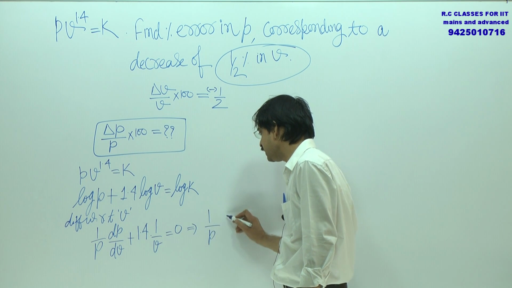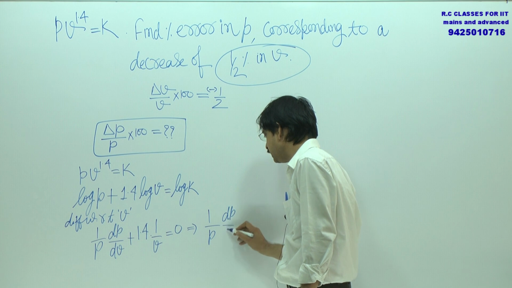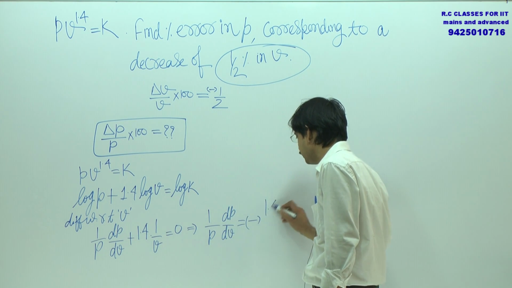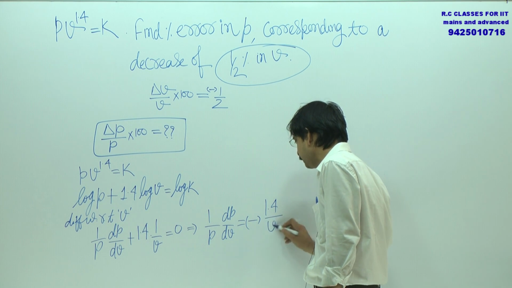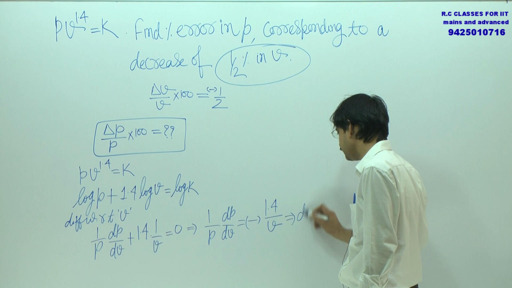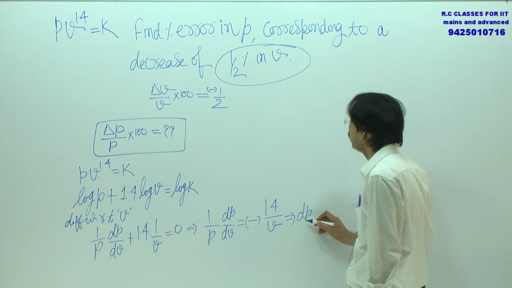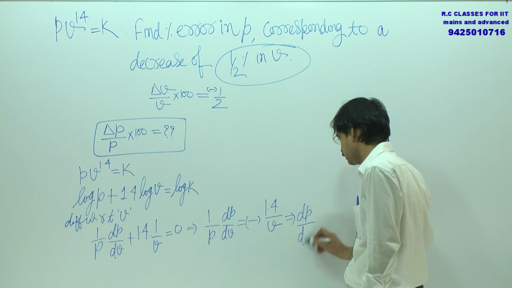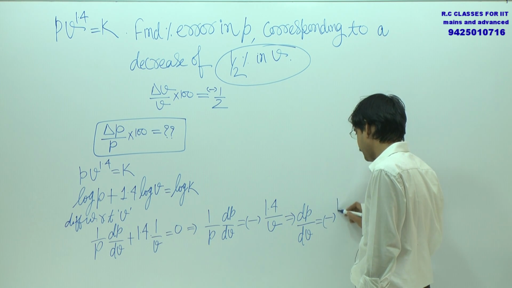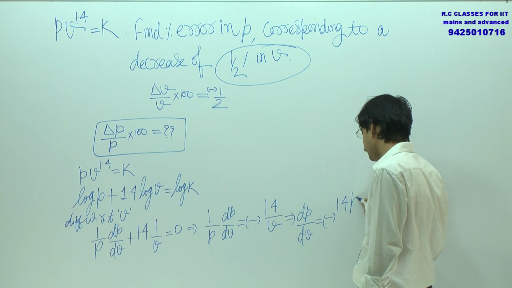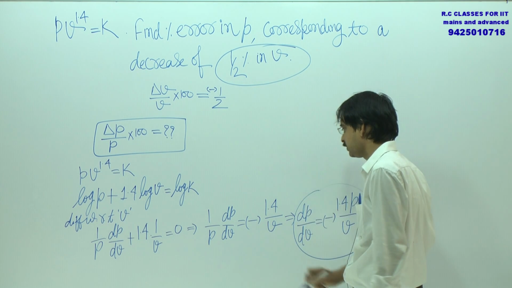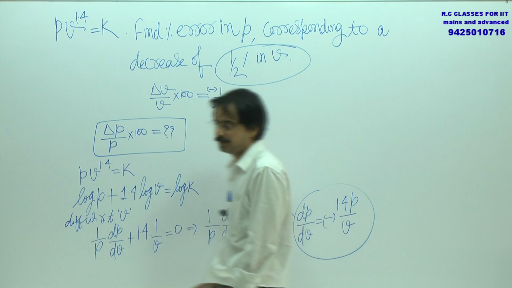So 1 by P dP by dV is equal to minus of 1.4 upon V. So dP by dV is equal to minus of 1.4 P by V, that is dP by dV.